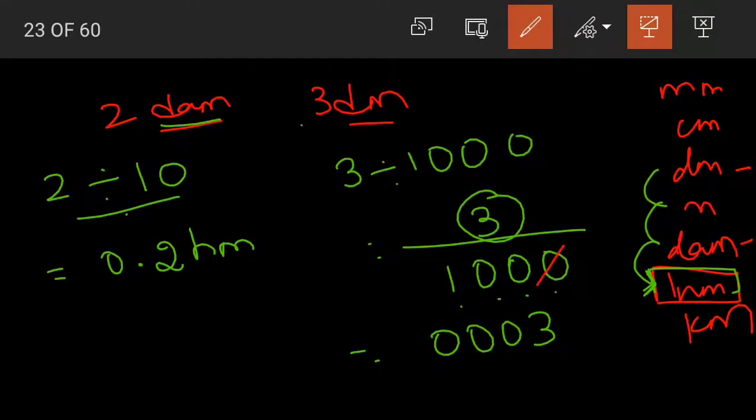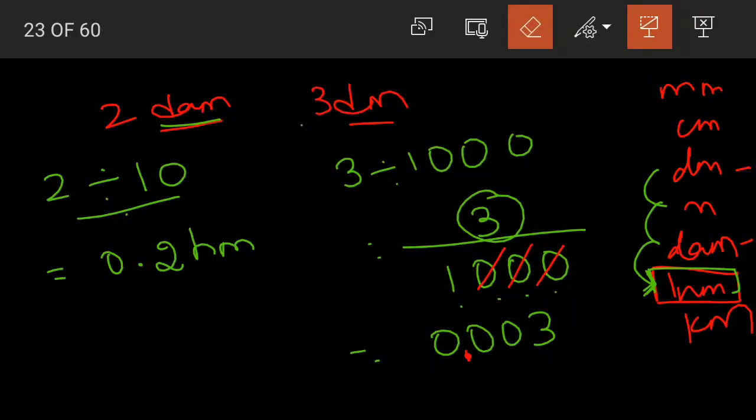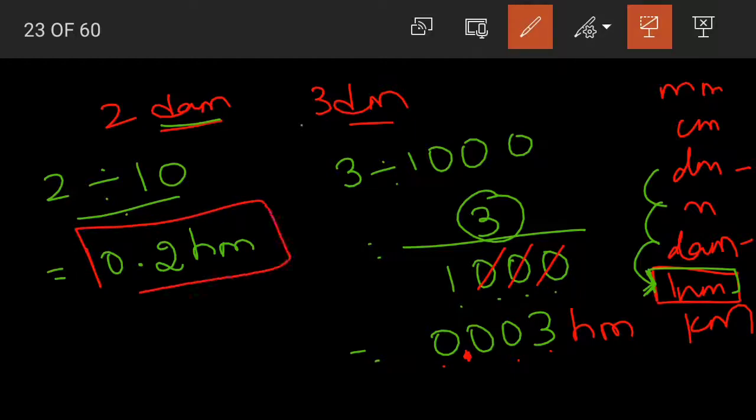Next, in the denominator we have 3 zeros. So after 3 digits from the right, we'll place our decimal point. What is the answer upon dividing? We have 0.003 hectometers. So this is 0.2 hectometers and this is 0.003 hectometers.